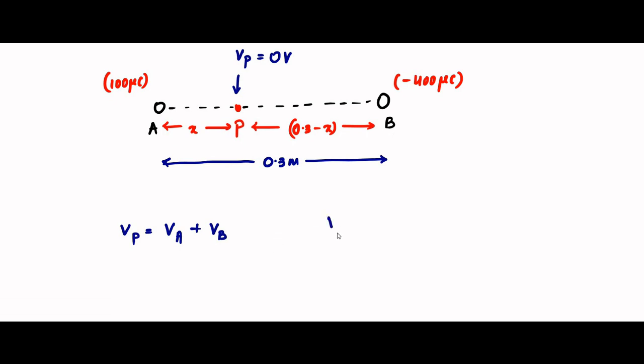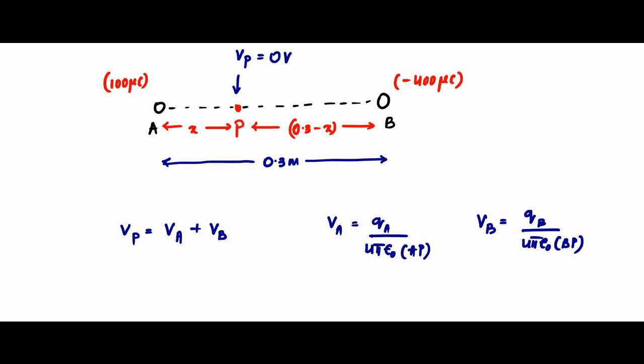So Va is equal to Qa by 4 pi epsilon 0 AP, and Vb, that is the potential due to charge placed at B, is equal to Qb by 4 pi epsilon 0 BP. Okay, this is the thing.